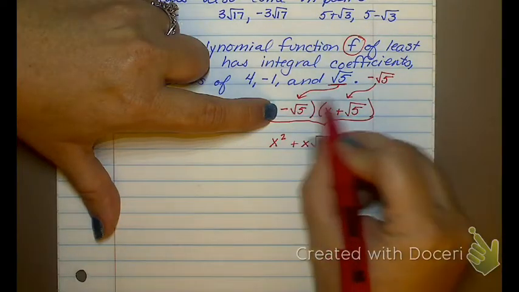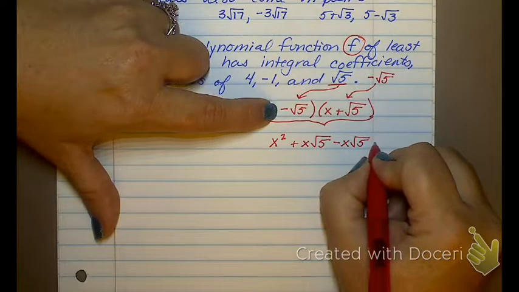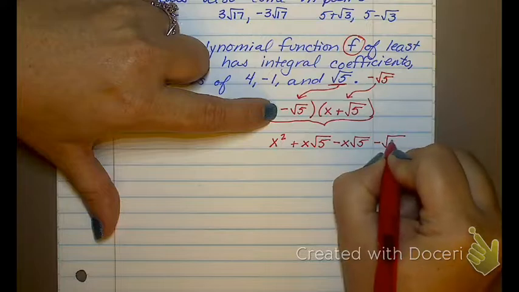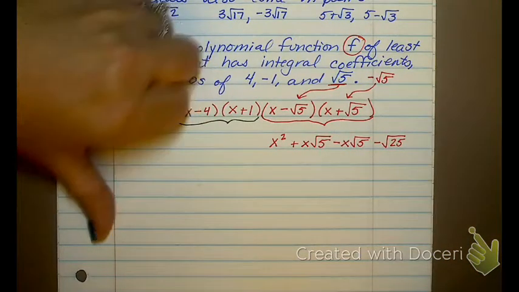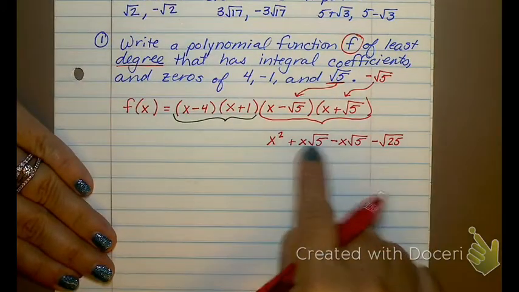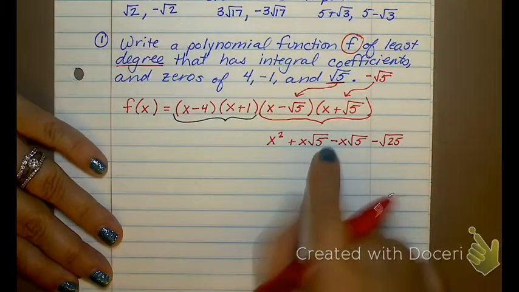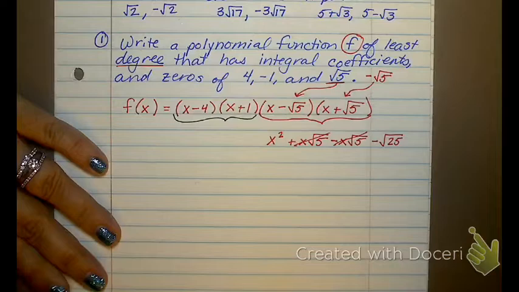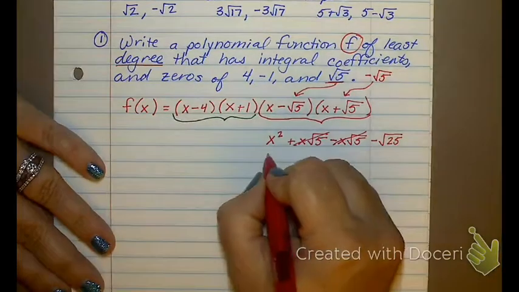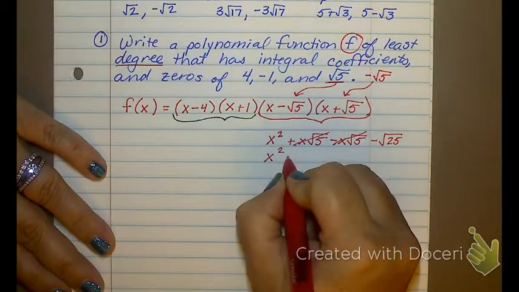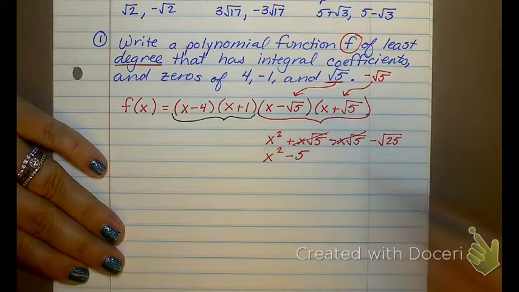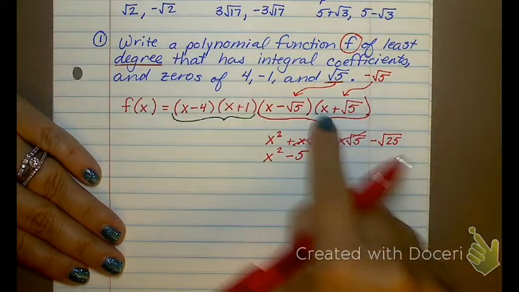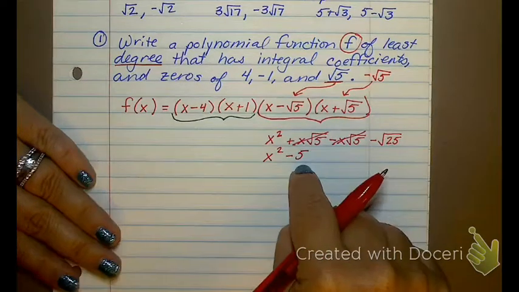And negative radical 5 times positive radical 5 would be negative radical 25. We okay so far? What do you notice about these middle terms? They have x. They're going to cancel, right? So I have x squared minus, what is radical 25? Just 5. So if I do that process correctly, I should be done with my radicals.